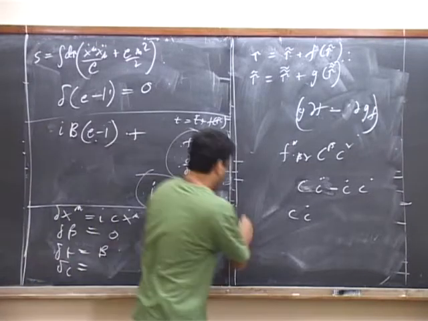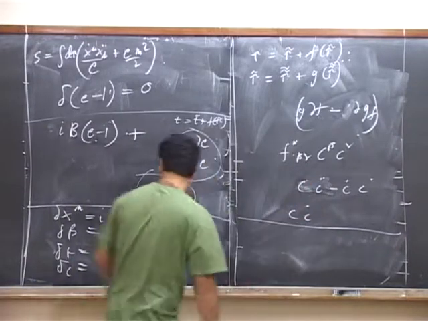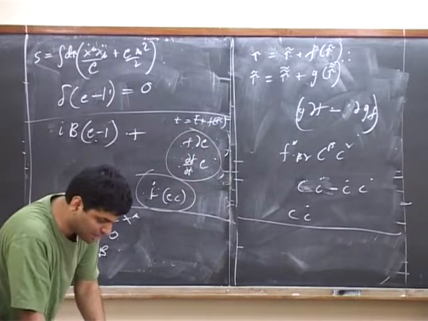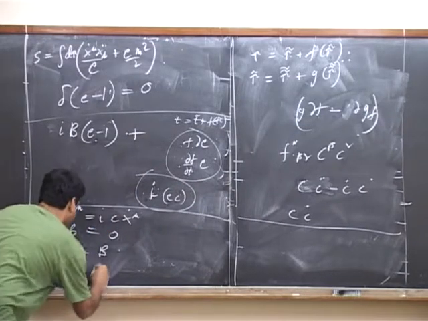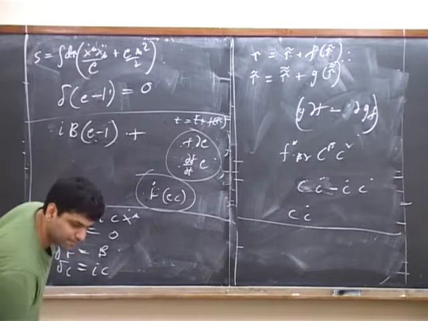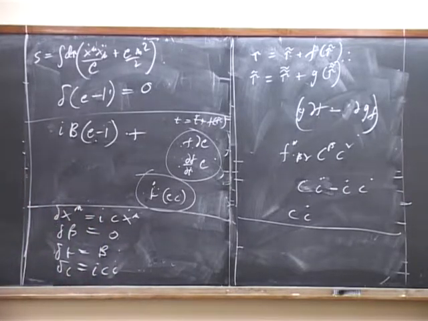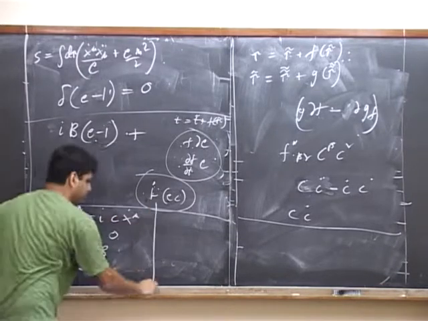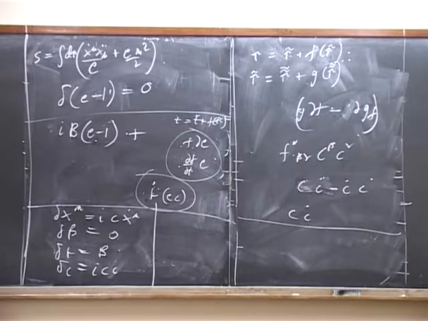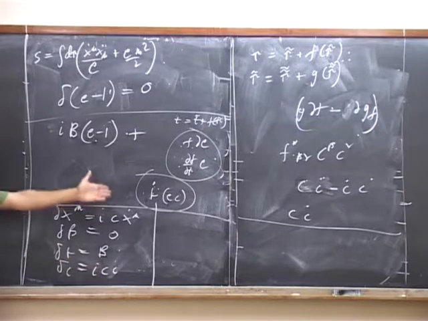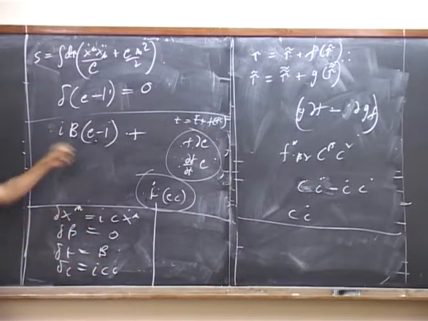One should do this more carefully, but at least in structure, the answer is going to be of the form i C times C dot. So these are the suggested BRST transformation properties for the action of the point particle.